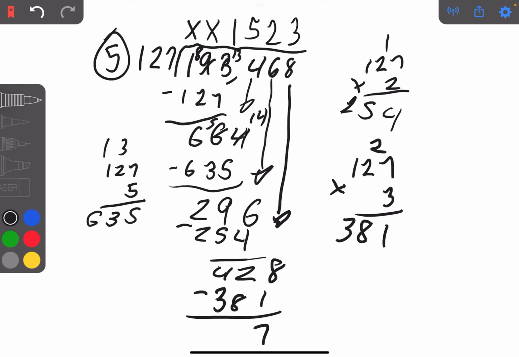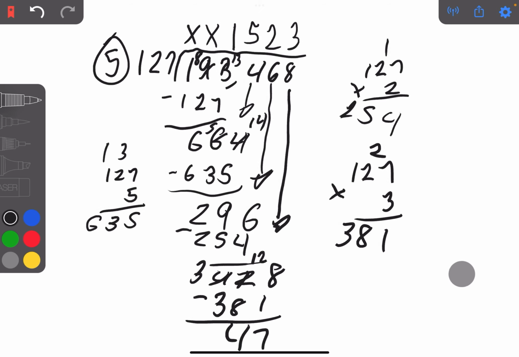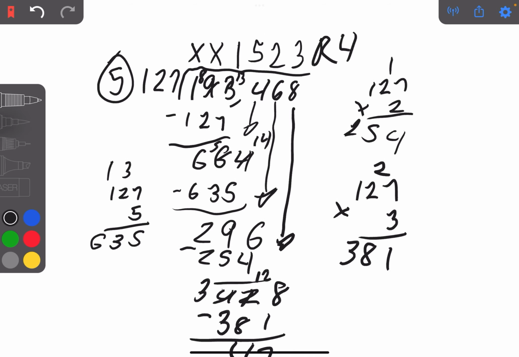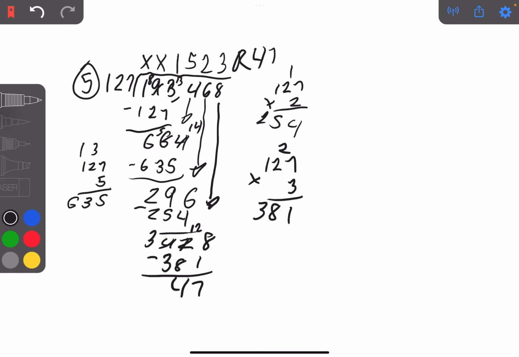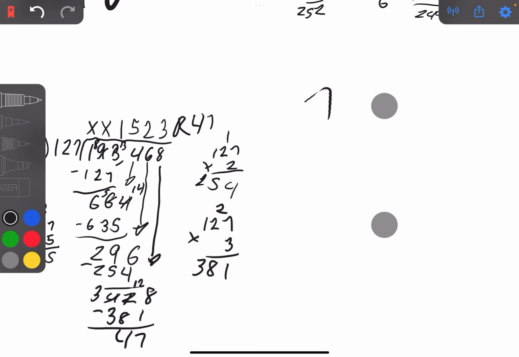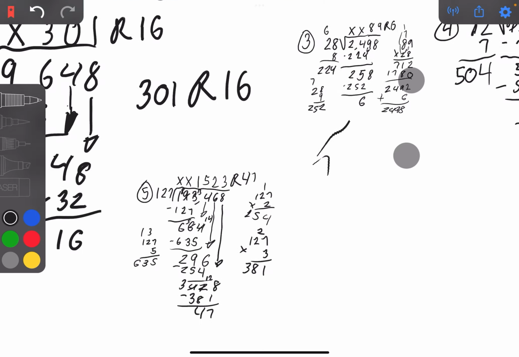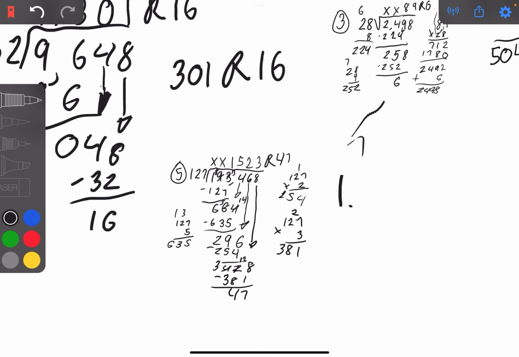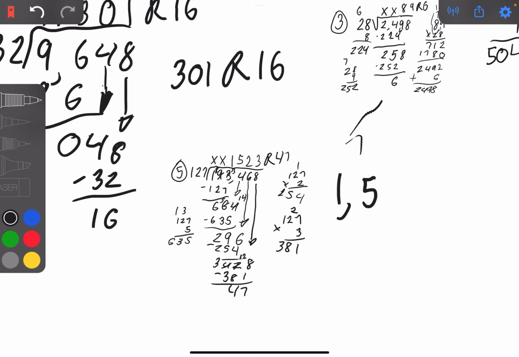We get a 7. We borrow. And so we get 47. So our answer is 1,523, remainder 47.